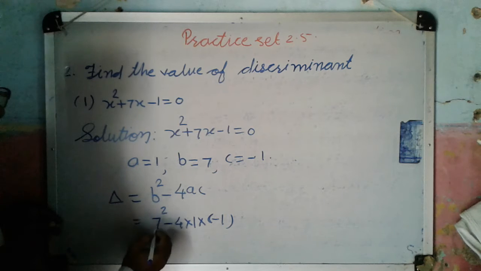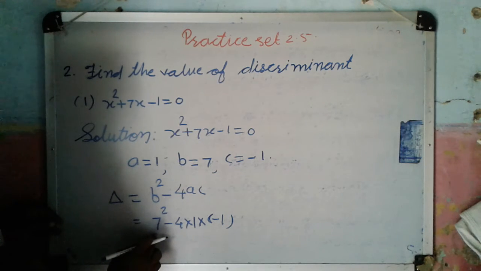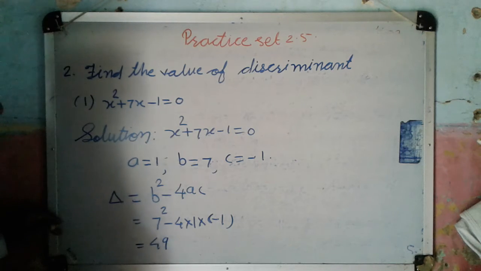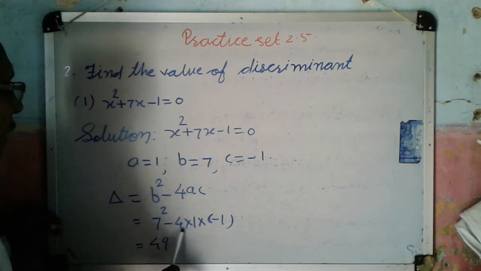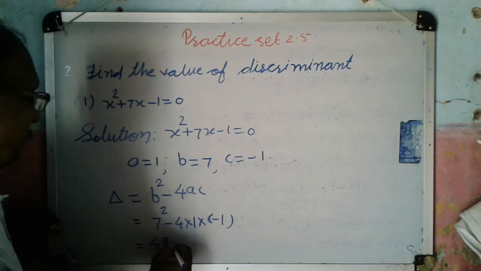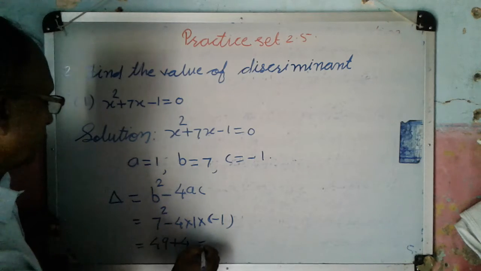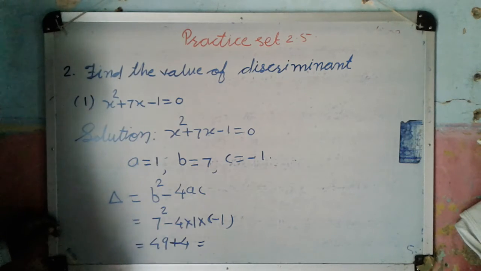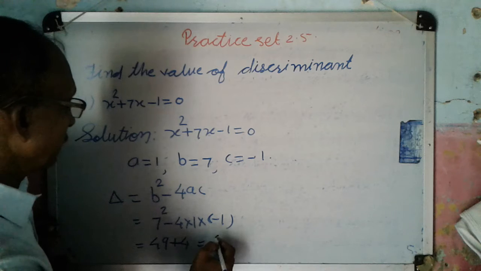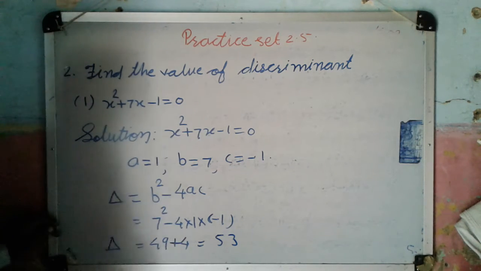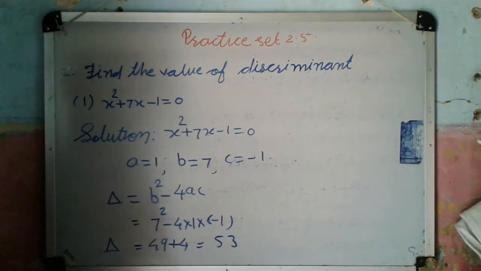So here 7 square, we get 49. Minus 4 into 1 we get minus 4. Minus 4 into minus 1 we get plus 4. That is equal to 49 plus 4, we get 53. Therefore delta is equal to 53.